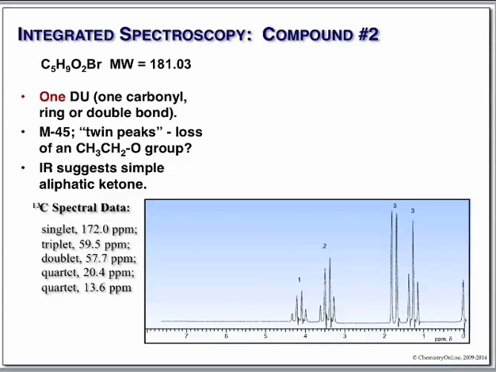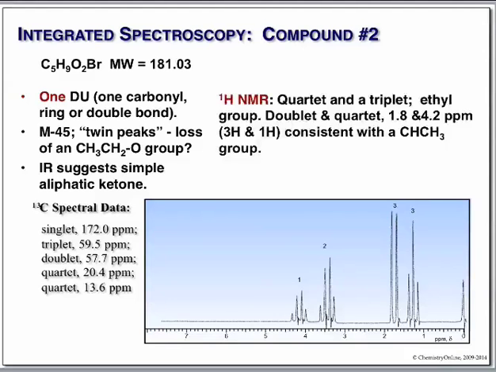This is going to be a CH3, and this is a CH. They are leaning towards each other. They are attached and coupled. So we have a CH3 next to a CH and an ethyl group.